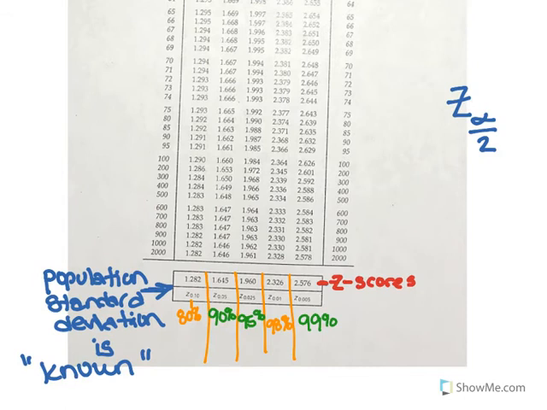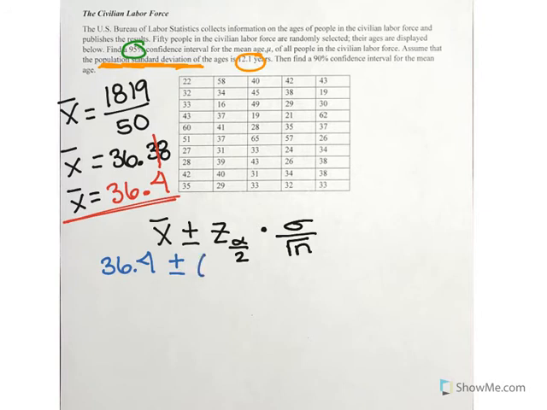If we look at our little box, for 95%, that z-score is 1.960, times the population standard deviation, 12.1, divided by the square root of 50, because it's 50 people's ages. So that's our plug-in.